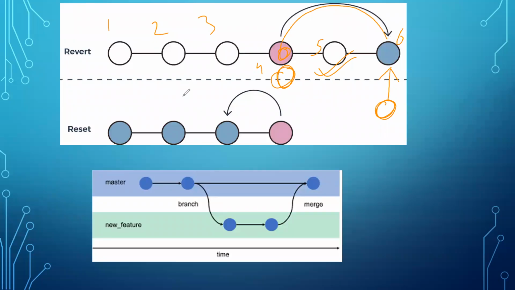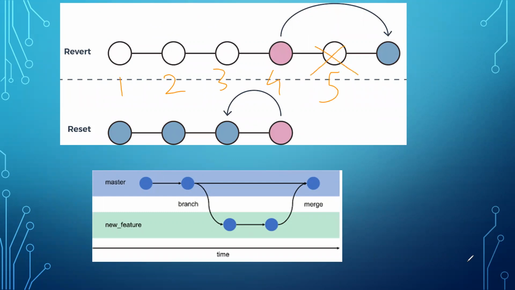I hope this concept is clear. So in step 1, I have 5 commits. I'm going with this concept again and again. 1, 2, 3, 4, 5. I have 5 commits, but I realize that the 5th commit is a problematic one. So I create a replica of 4 and make it 6 and put it here.